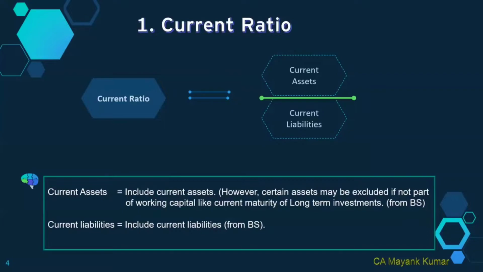So there may be cases where the company has current maturity of long-term investment in the current assets. The company should ignore these investments for the purpose of calculating the current ratio, as current maturity of long-term investments will not form part of working capital requirement. That is a logical reason.